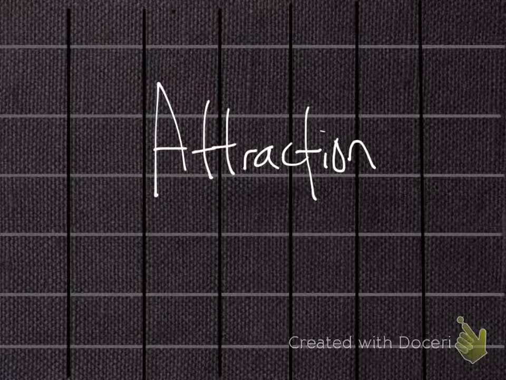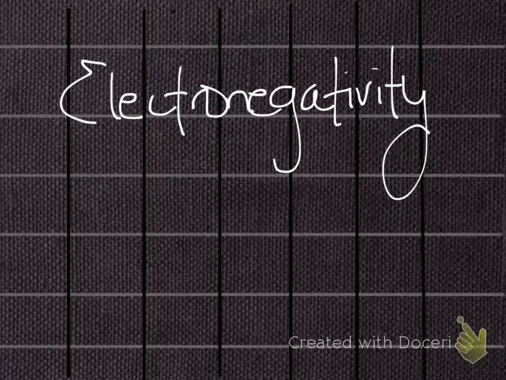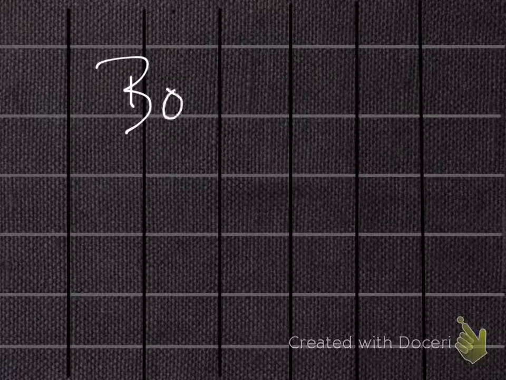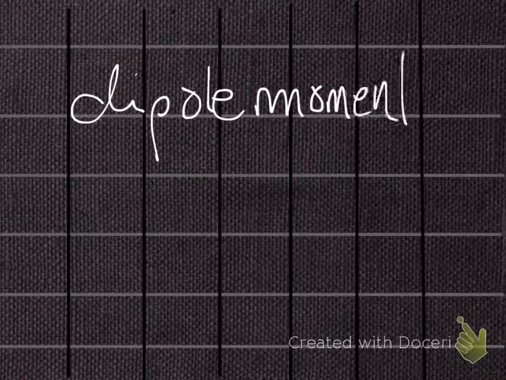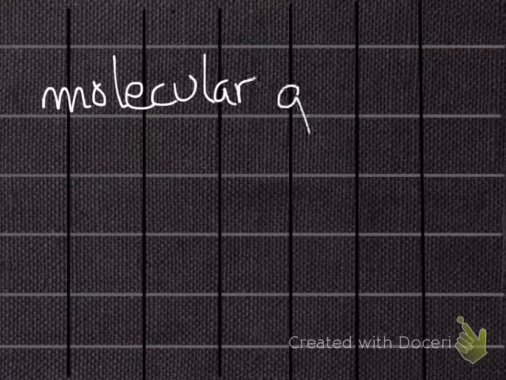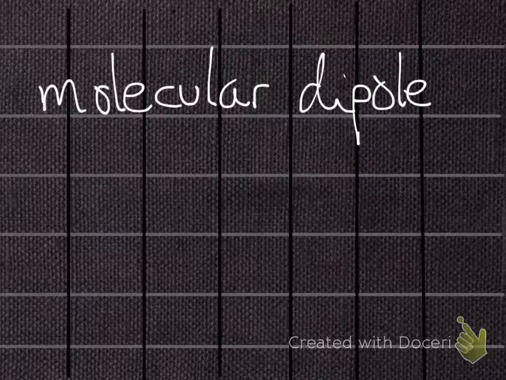And what do we need to know? If we're going to talk about that, then we need to talk about this. We've seen this word before, and it'll come back in a second. We need to talk about this, and we're going to have to talk about that, and this, and this.